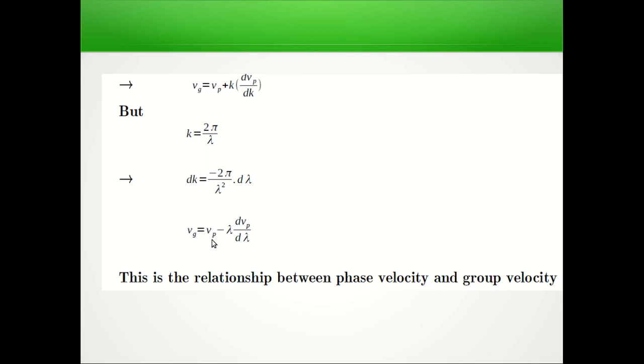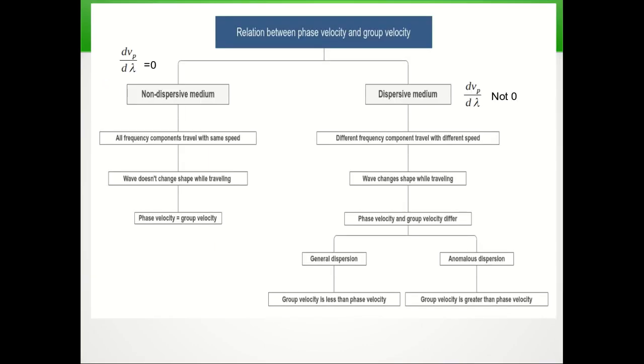So, these things have just been structured here. In the case of a non-dispersive medium, this factor is 0. While passing through a non-dispersive medium, the wave doesn't change its shape, but while passing through a dispersive medium, the wave changes its shape.